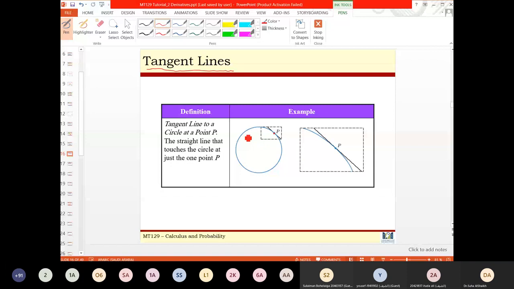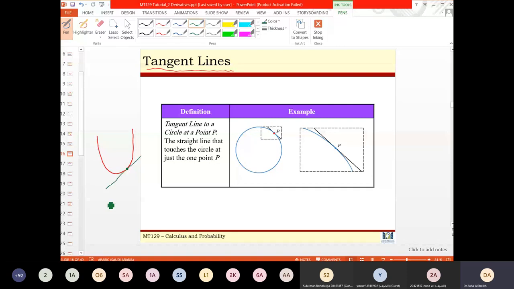It touches the curve. For example, if your curve looks like this, the tangent line at this point is this line. It's a line that touches my curve. Got it? If I'm talking, for example, about a parabola, at this specific point, this is my tangent line.